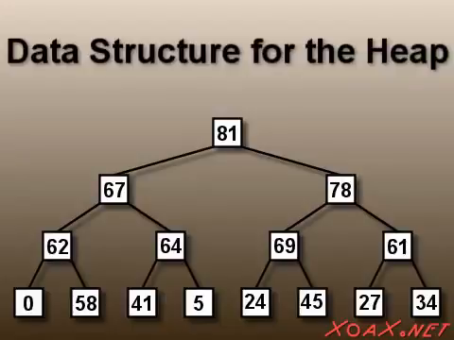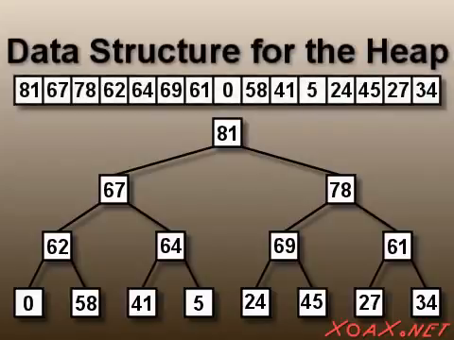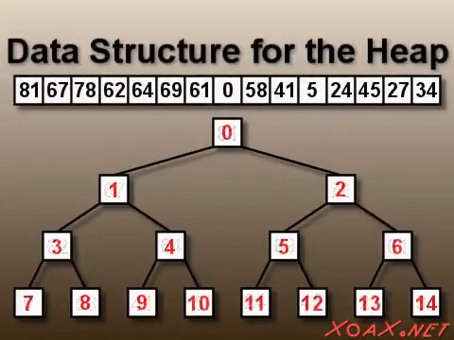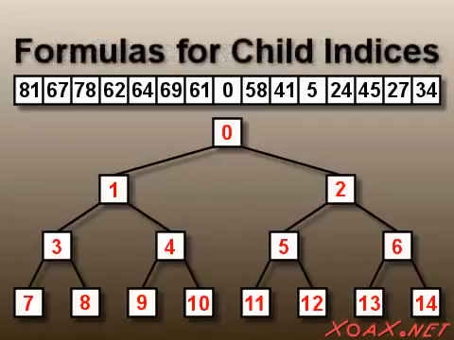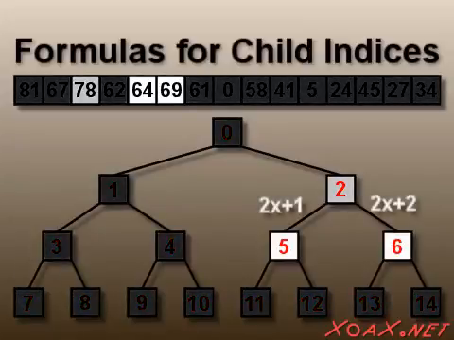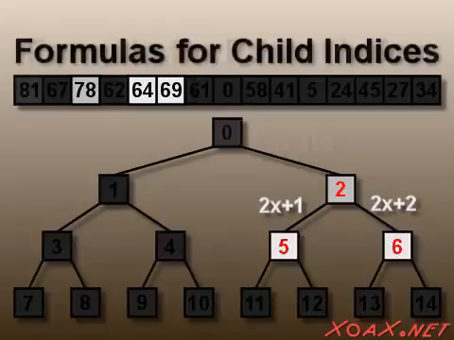One last remark about heaps before we go to the code. Even though we have used a tree to visualize our heap, the elements of a heap are generally stored in an array with the elements in the same order that we showed before. That's why we started our numbering at 0. Using this ordering in an array with the first index of 0, we can get the indices of the children of a node by doubling the index and adding 1 and 2 for the left and right children respectively.